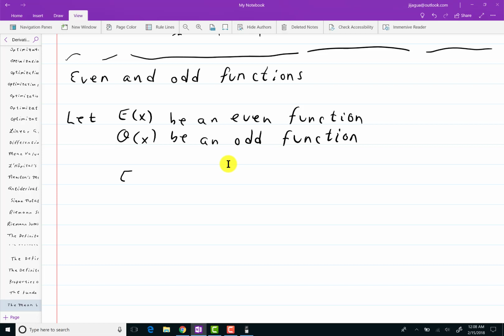We know that E of negative x equals E of x. Because of that, E is symmetric about the y-axis.